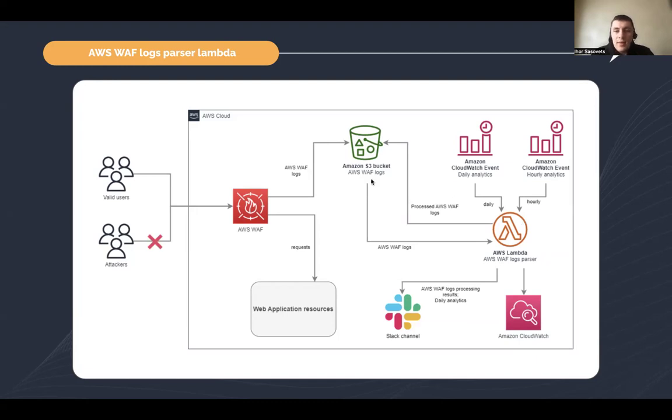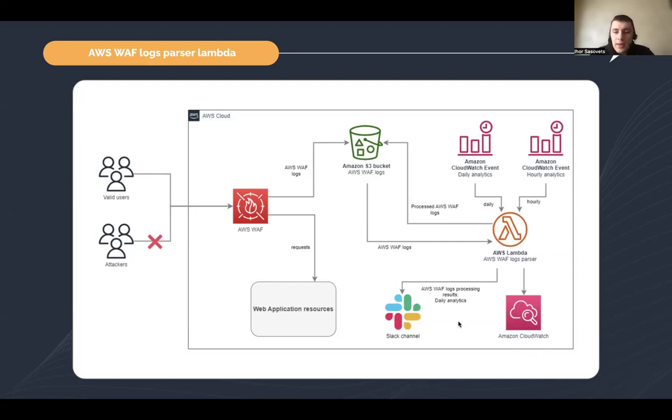So it gets AWS WAF logs from the S3 bucket. Also, after processing, it stores results in the bucket with the WAF logs as well, so we can later review them, ensure that all is working as expected, and use it for debugging the AWS WAF Lambda.